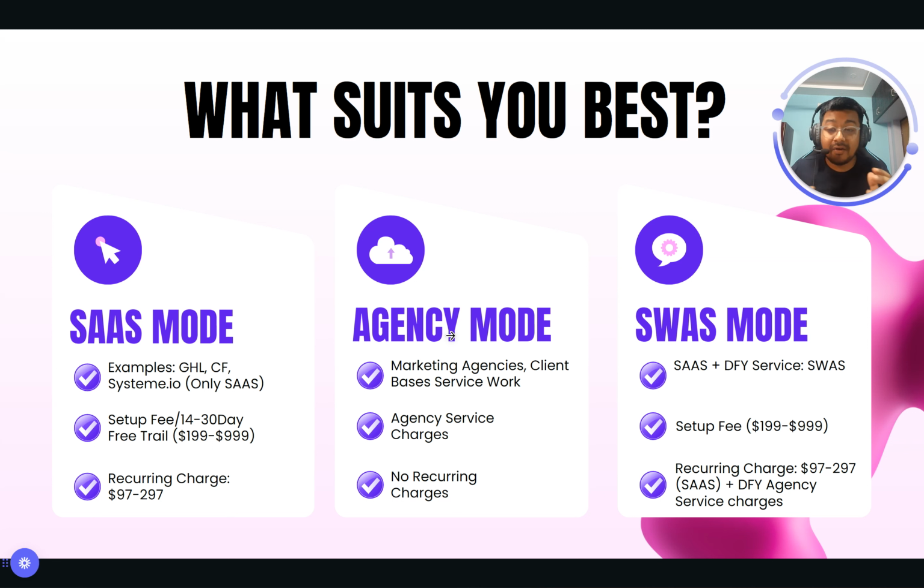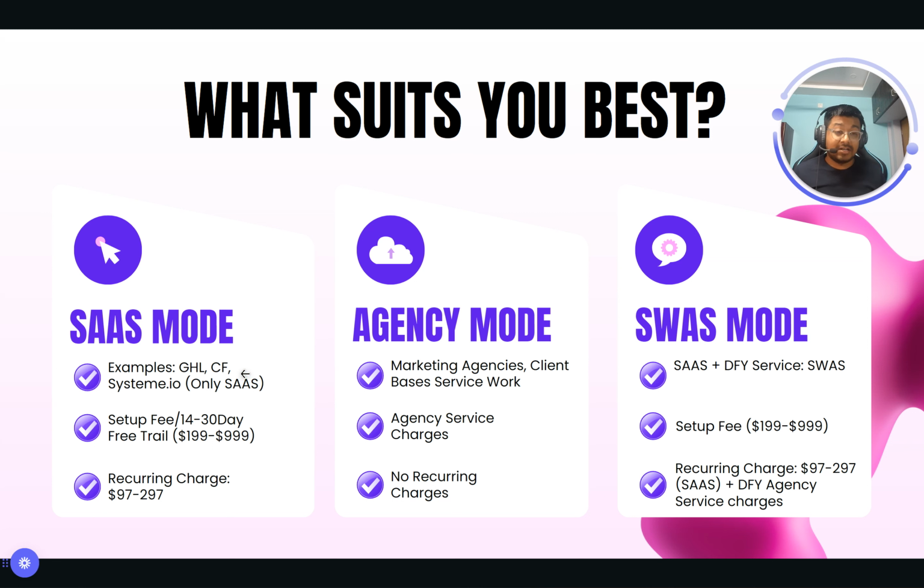The first mode that I have always seen people do is the SaaS mode, right? Software as a service, which basically means that you're providing the entire Go High Level software to your own clientele, right? And then charging a fixed fee for that based on a white label logo that you have put forward. This is very similar to what Go High Level itself does.